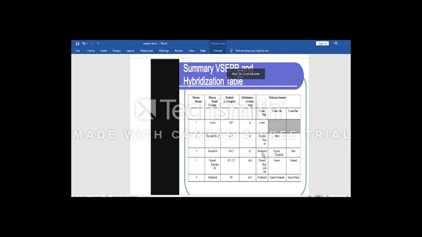We can say that the shape is tetrahedral when there is no lone pair. When we find one lone pair in this structure, we call it trigonal pyramidal. When we find 2 lone pairs, we call it bent.